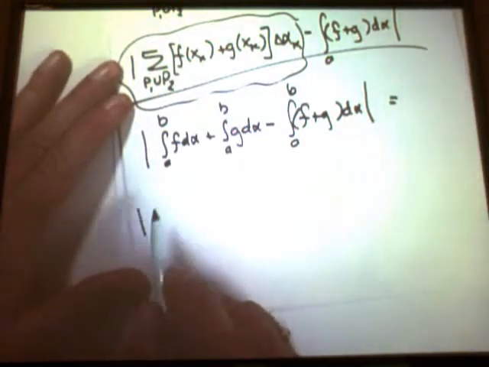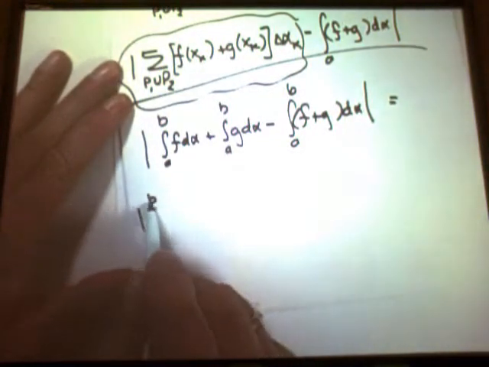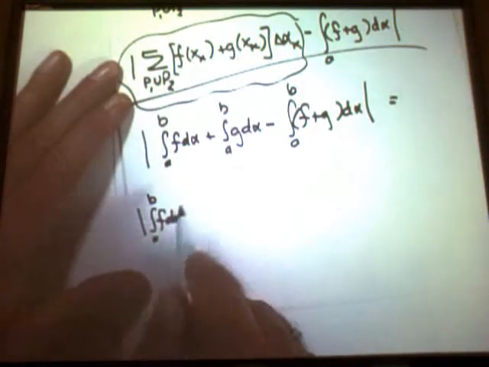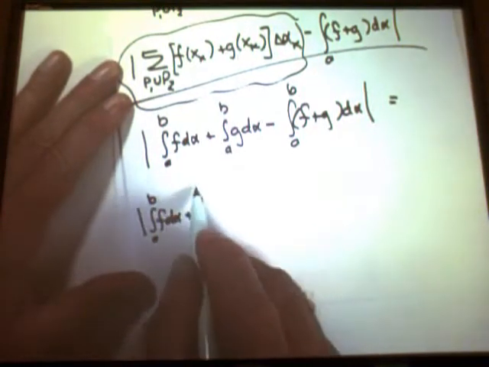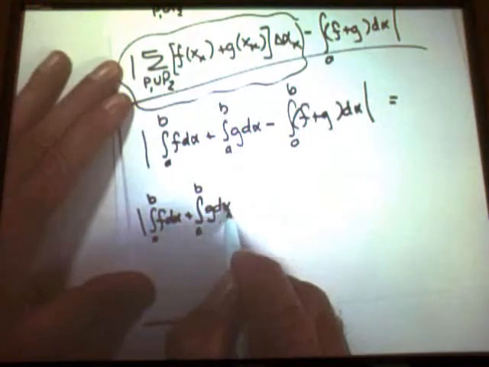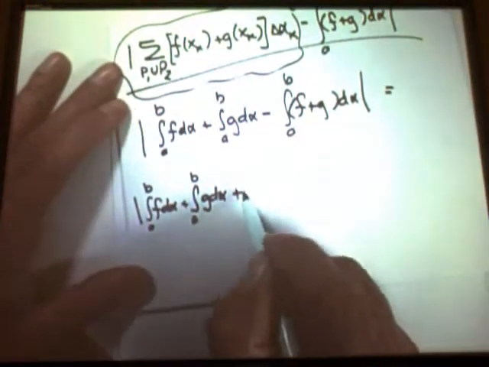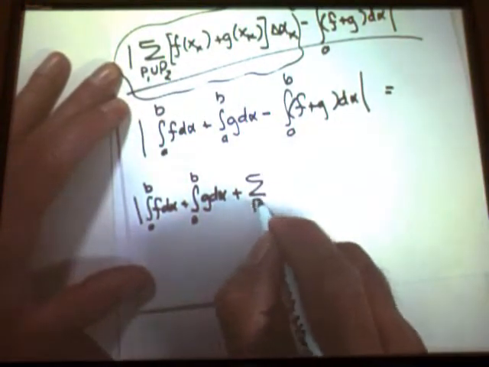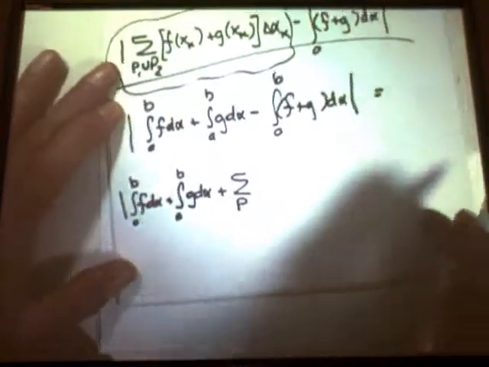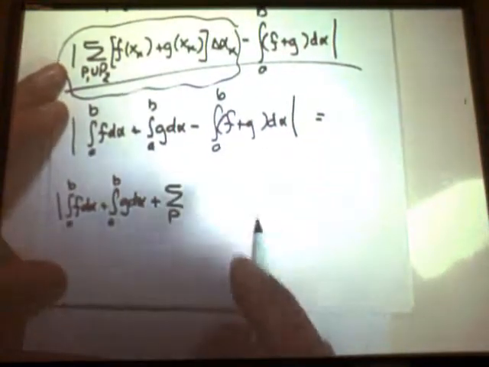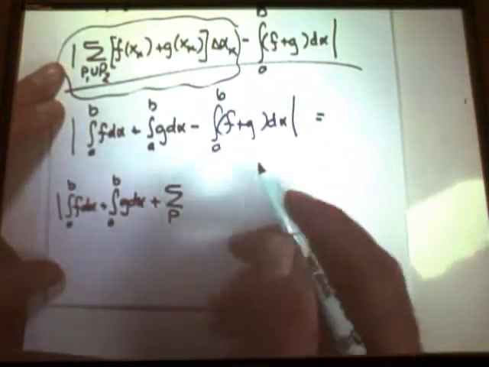So I'm going to have the integral f dα plus integral g dα plus the sum over, let p be the joint refinement of p1 and p2.